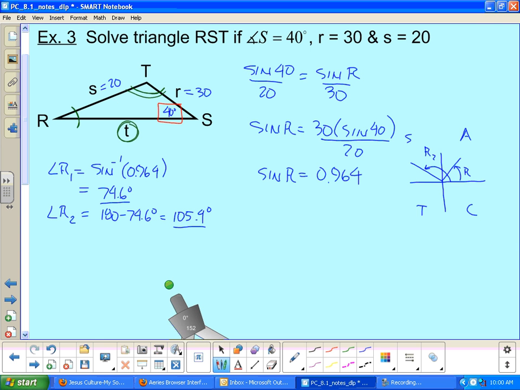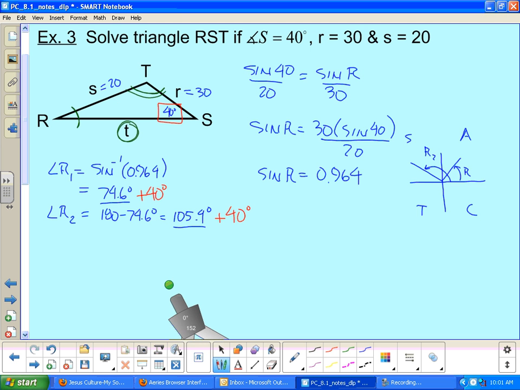So if I have a given angle of 40, and I add that to the two angles that I just found for R, if the sum of those two angles is less than 180, does that mean I have to have a third angle? Yes. All three angles of a triangle have to be 180. So if when I add these together they are less than 180, I'll get a triangle for that situation.